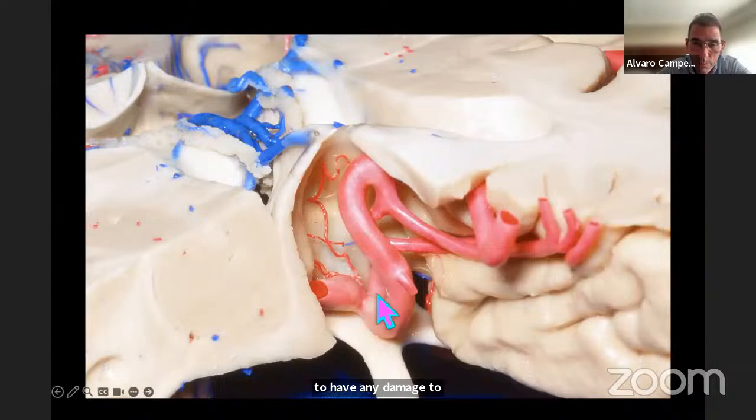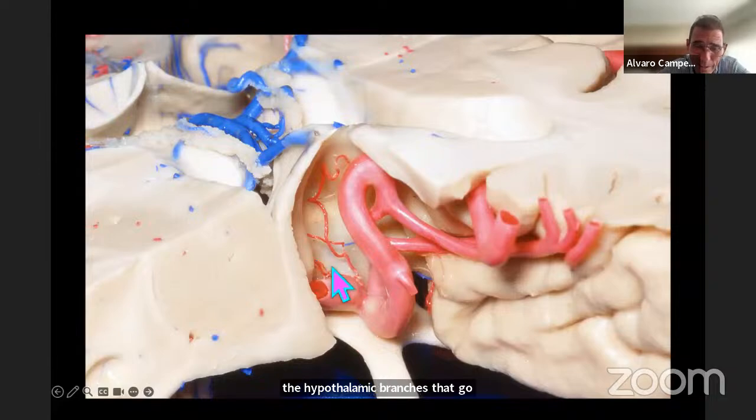So in this specimen, we cut some portion of the frontal lobe, but we can see here the ACom artery complex. We can see A1 on the left side, and A2 and A3 after, and we cut this portion of A2 in order to see and realize the hypothalamic branch that goes to the hypothalamus.